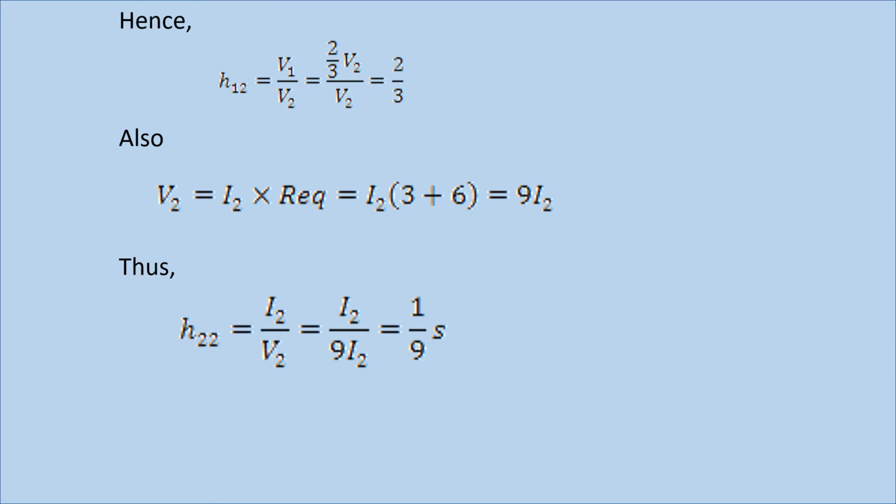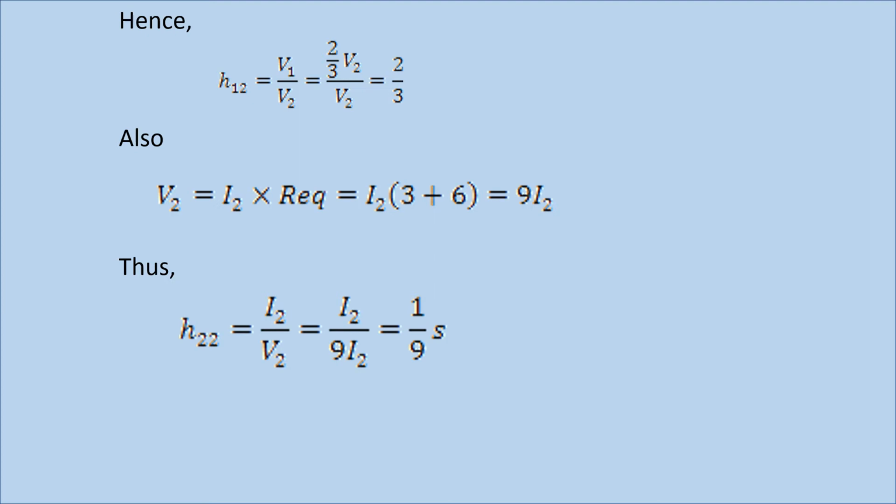V1 is already 2 over 3 V2 from our calculation, and you can just place your V2 there so that it can cancel out. So you have your H12 to be 2 over 3, no unit, remember. Now, from our previous calculation, we already got our H21 to be minus 2 over 3. So I can easily conclude based on our condition that for a reciprocal network, H12 must be minus H21.